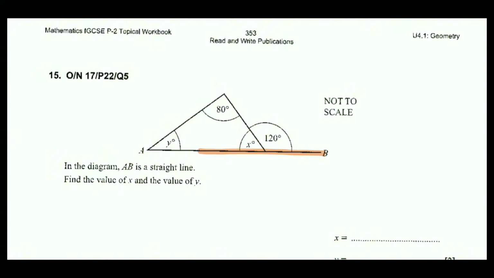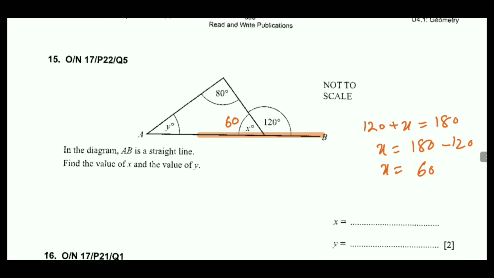These are angles 120 and x. It means 120 plus x should be equal to 180. x is equal to 180 minus 120. x is equal to 60. It means this angle is 60 by the straight line property.